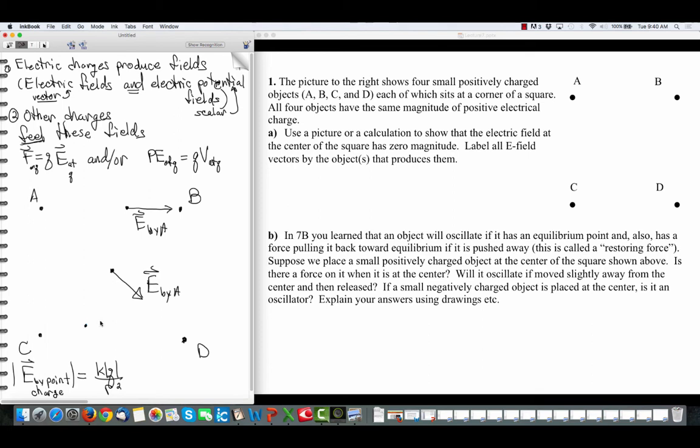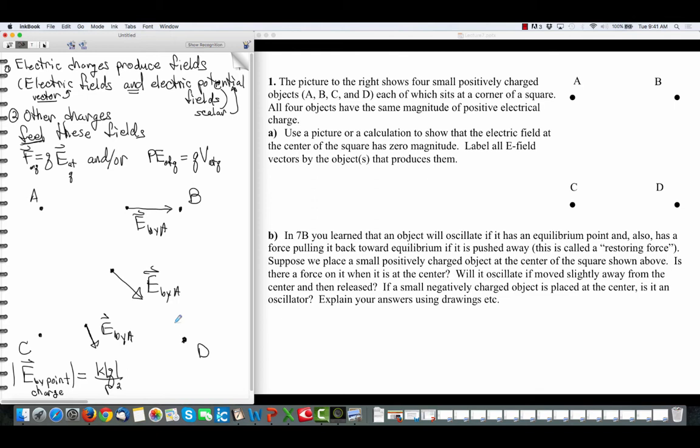There's an electric field vector by A everywhere in space, so I can put them anywhere. There's a vector down here, points away from A. It's maybe 50% farther, so it's maybe half the length of this one. Who knows exactly, but it's definitely shorter because it's farther away. So electric field by A down there looks like that.